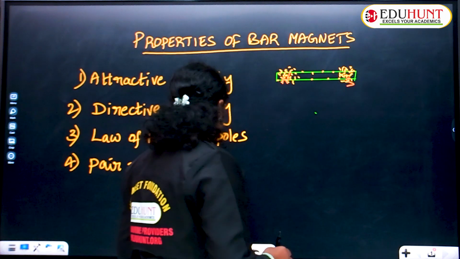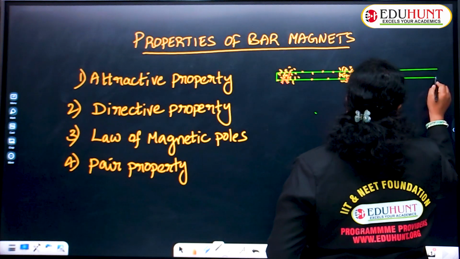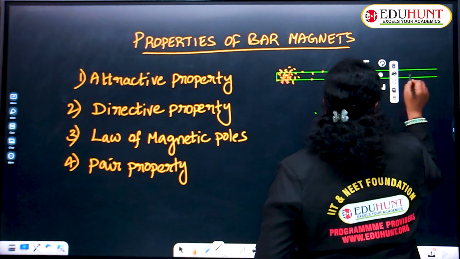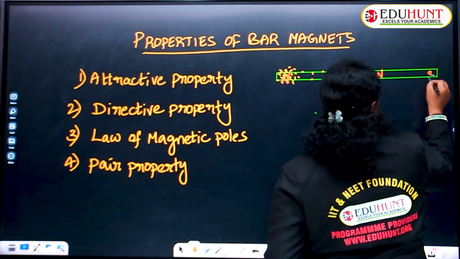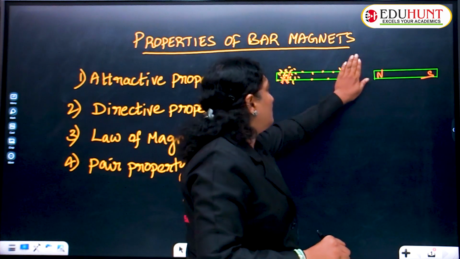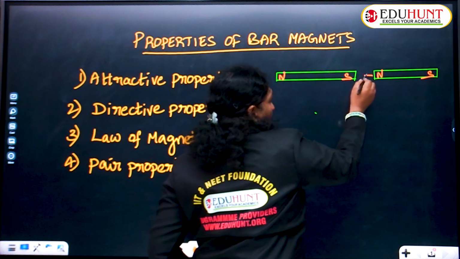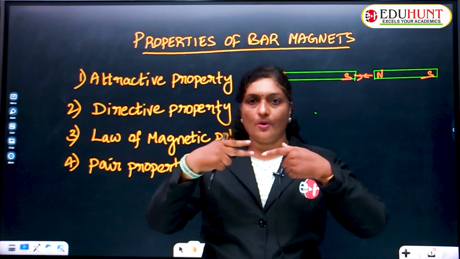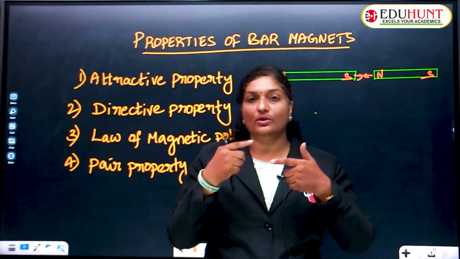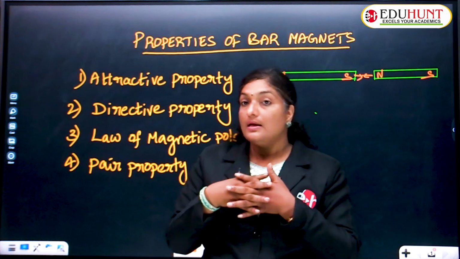Suppose you bring one more bar magnet near the first bar magnet, suppose a north pole is brought near the south pole of the other bar magnet. One north pole, another south pole: if different poles are brought nearer to each other, they start attracting.